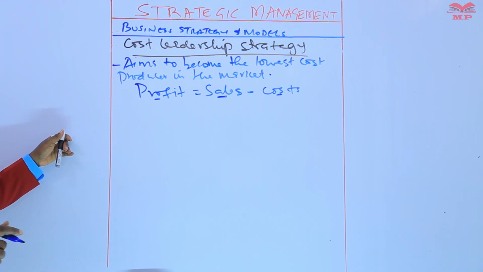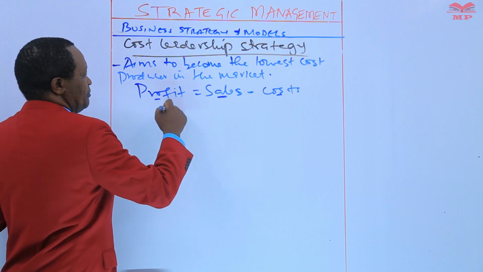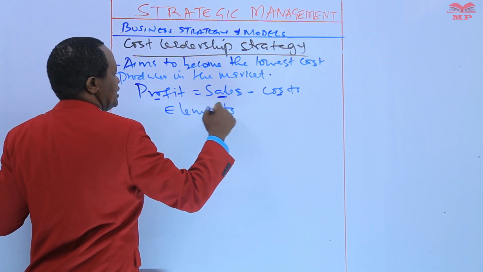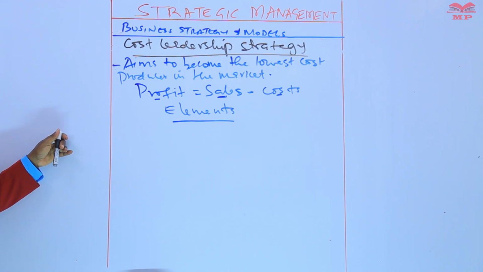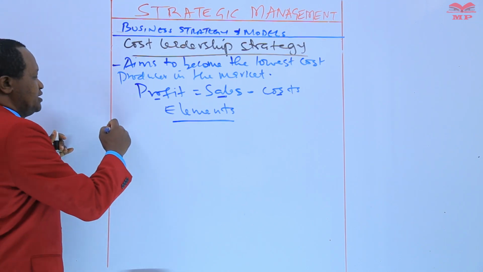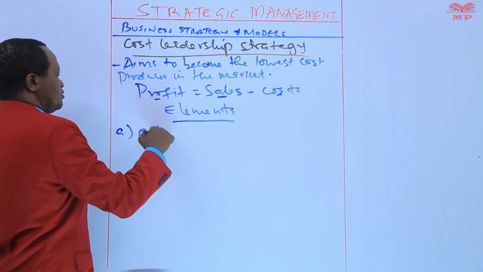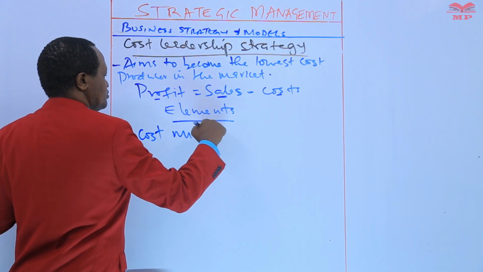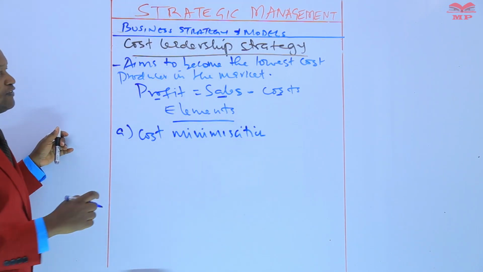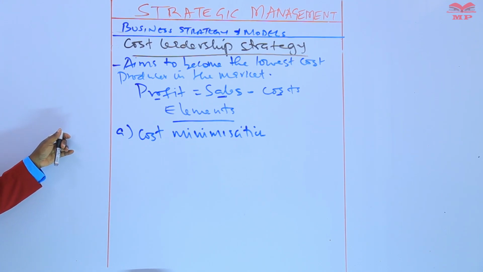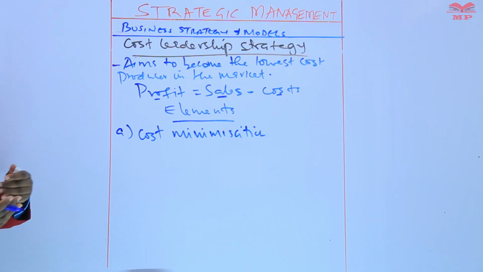So what are the key elements of cost leadership strategy? The first element is cost minimization. Companies pursuing cost leadership strive to minimize costs across all areas of their operations.